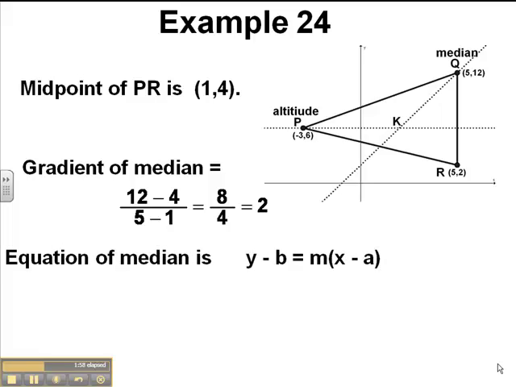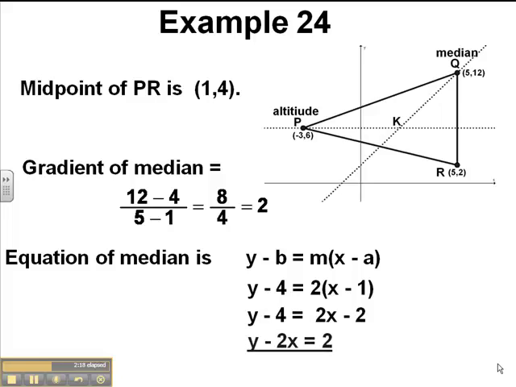Now to find the equation of the median, we'll use y minus b equals m(x minus a), using the point 1, 4, and the gradient is 2, will give me the equation of the line as y minus 2x equals 2, the equation of the median.